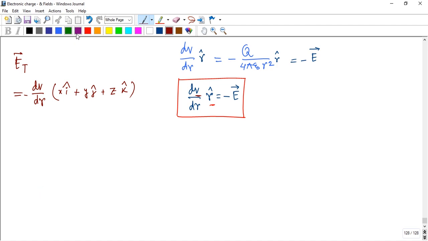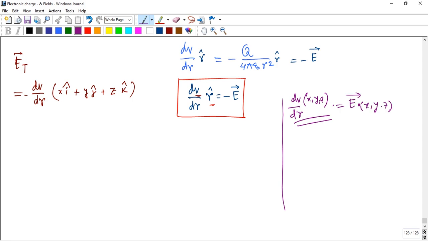So here you see the same thing. Okay, so potential at x, y, z. Suppose that is E of x, y, z in vector. There is a minus sign, obviously.